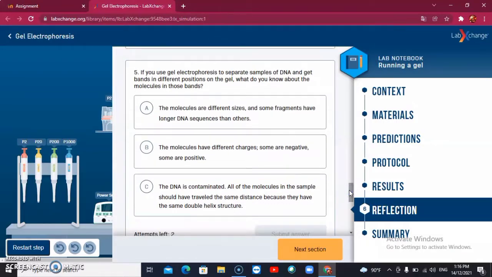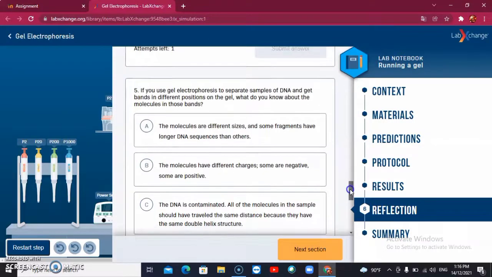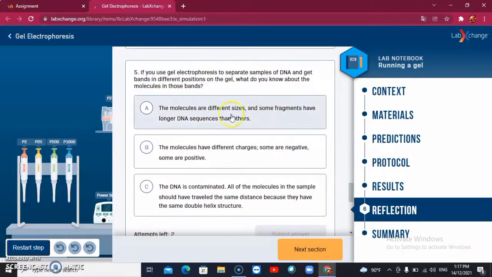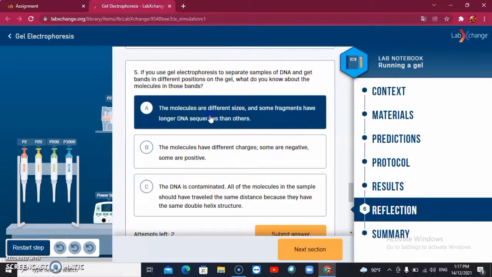The last question is, if you use gel electrophoresis to separate samples of DNA and get bands in different positions on the gel, what do you know about the molecules in those bands? The molecules are different sizes and some fragments have longer DNA sequences than others.